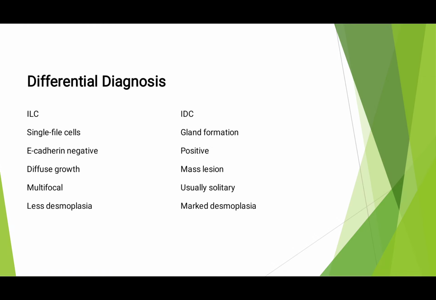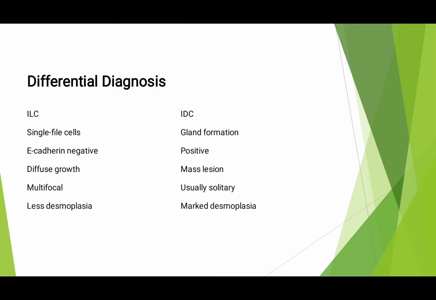Next, coming to the differential diagnosis. Invasive lobular carcinoma or intraductal carcinoma. There are some differences. In invasive lobular carcinoma, single cells are present. In intraductal carcinoma, glands are present. Invasive lobular carcinoma gives E-cadherin test negative, whereas intraductal carcinoma gives E-cadherin test positive.